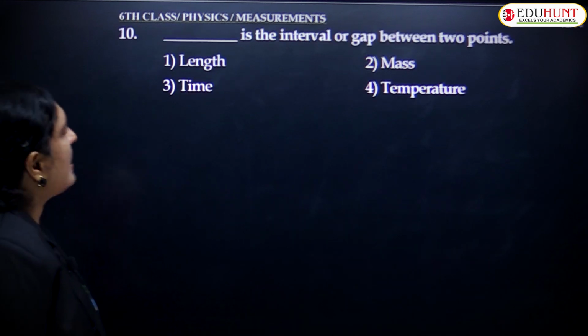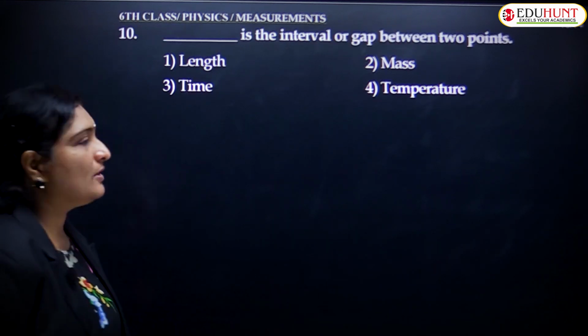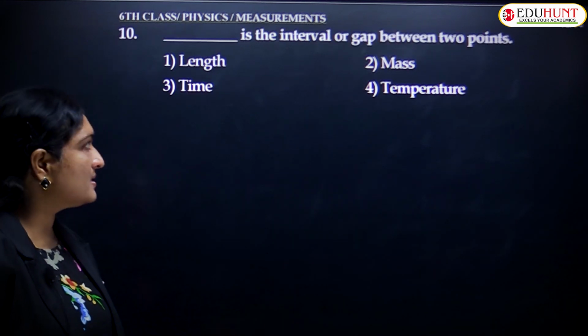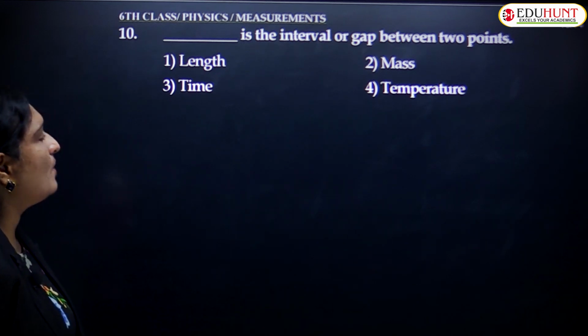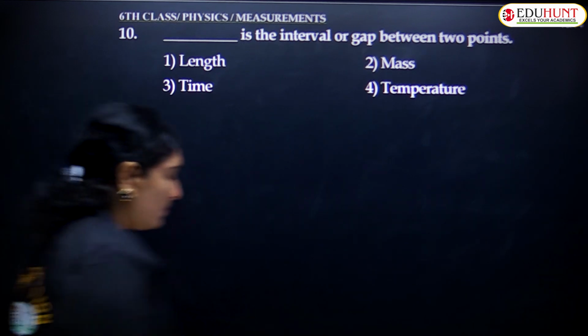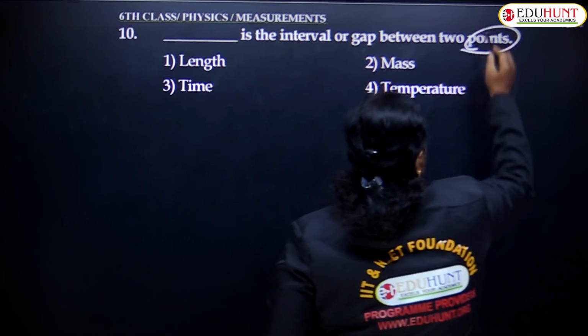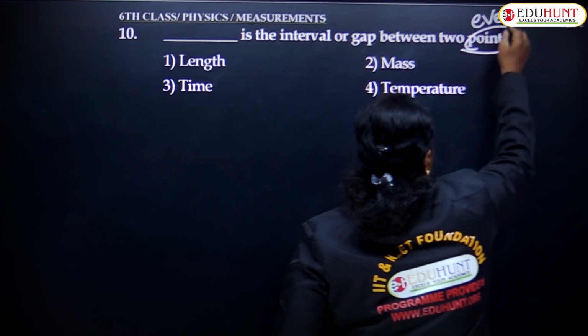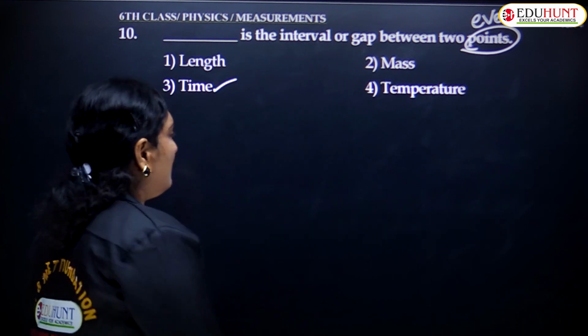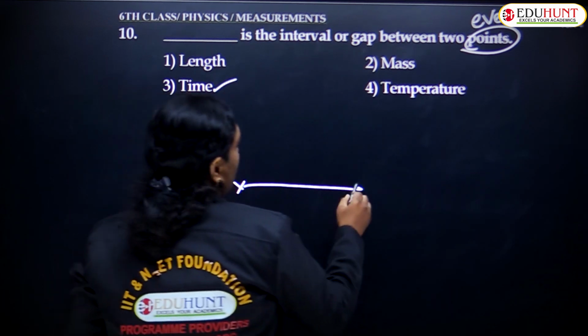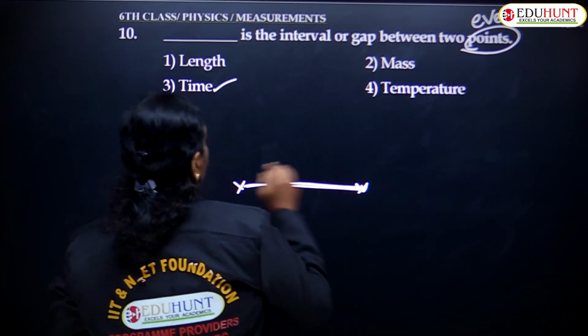Next, dash is the interval or gap between 2 points. Points, they said. Is it length, mass, time or temperature? Suppose instead of saying points, if they had said events, then the answer would be time. But between 2 points, it should be length.